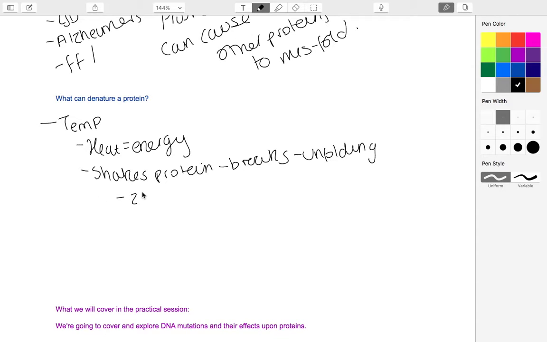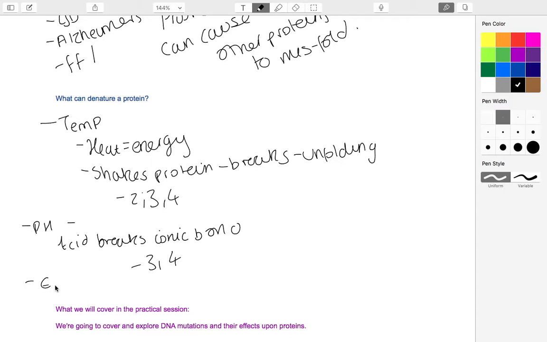So this would affect secondary, tertiary, and quaternary structure. Another one is pH, because acid breaks ionic bonds. So this affects the tertiary and quaternary structure.